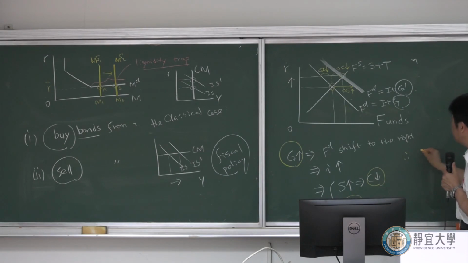So you can see the government spending increase, then the consumption decrease, and the investment decrease.